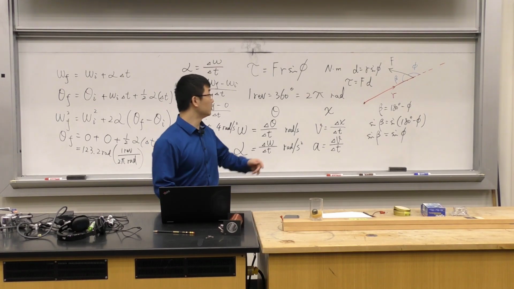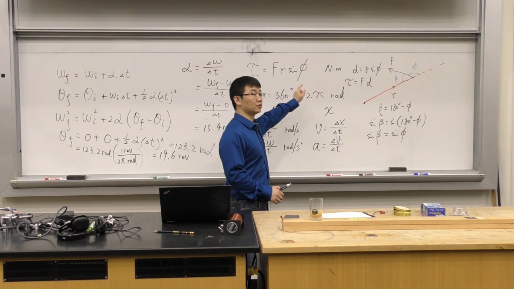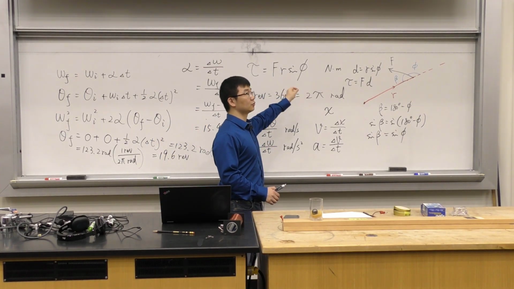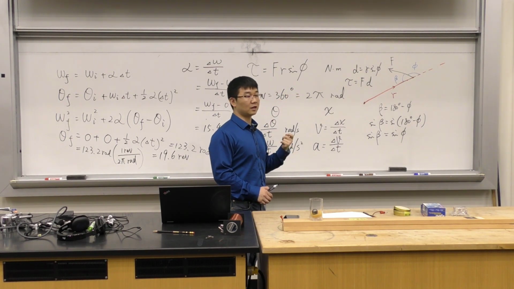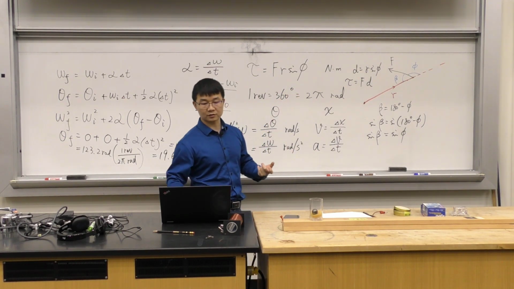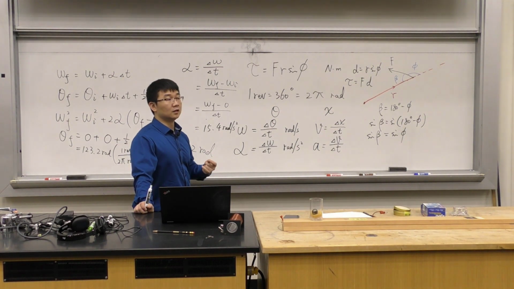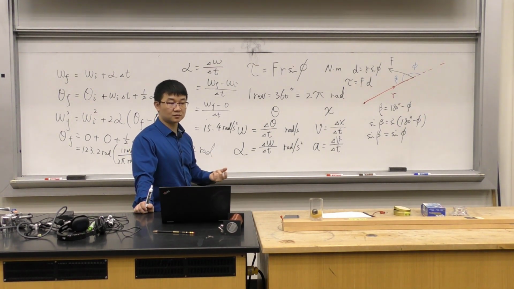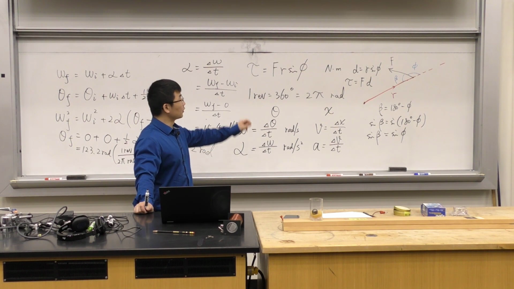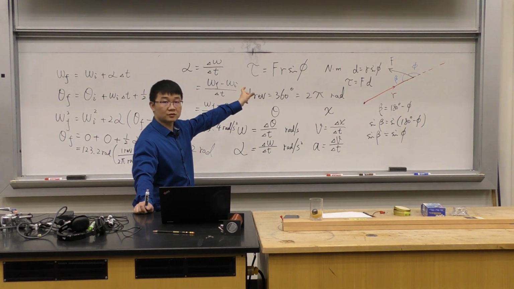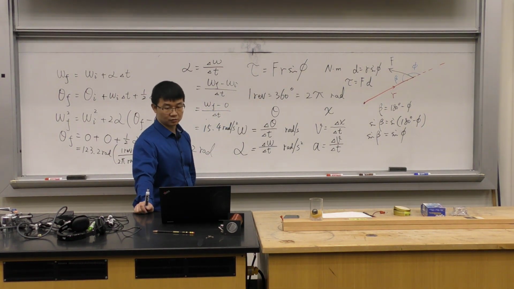So that's why we use sine here, not cosine. Because if you use cosine, you put in 90 degrees, you get zero torque. It doesn't make any sense. It doesn't agree with our experience, because 90 degrees is actually the best option. 90 degrees is going to give us the best rotation effect. So you put a 90 degree there, you get a maximum value for sine. So that's the best definition.